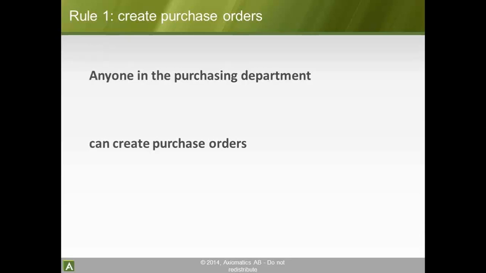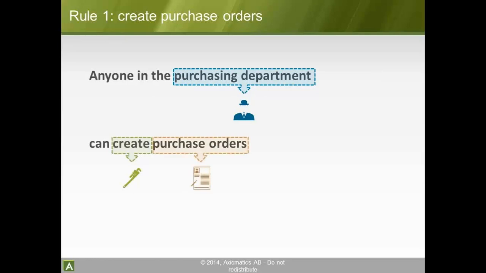Here we have a user attribute, the purchasing department. It describes the user who is currently logged in. We have an action attribute, create. It's the value of the action that the user wants to do. And we have purchase orders, the resource, an attribute of the resource category, the type of resource.